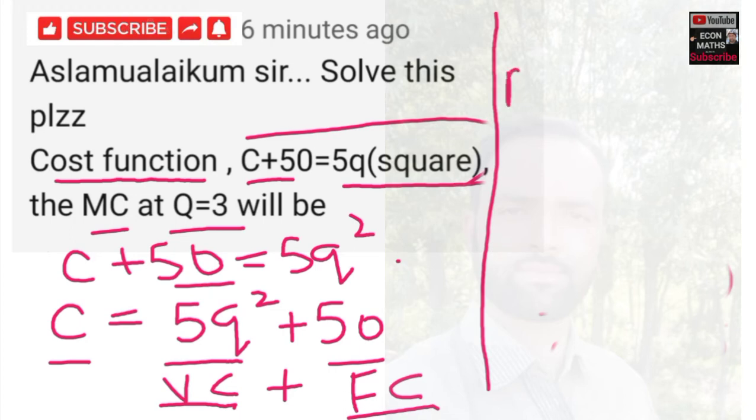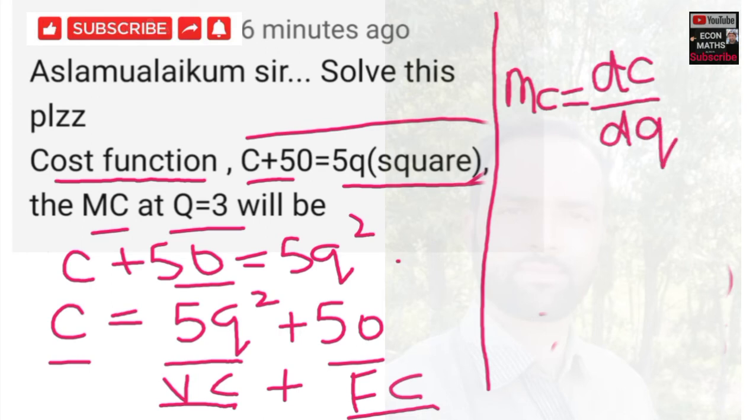Now marginal cost, as we know, is simply equal to change in total cost with respect to change in quantity, that is dC divided by dq. That means we have to differentiate this cost function with respect to q. Now we have 5 here, that means we have 5 times the derivative of q square.